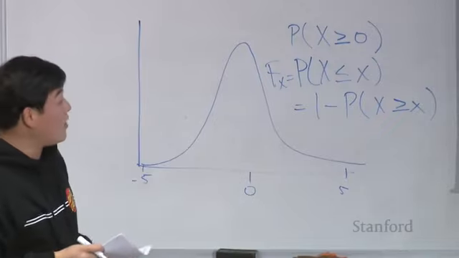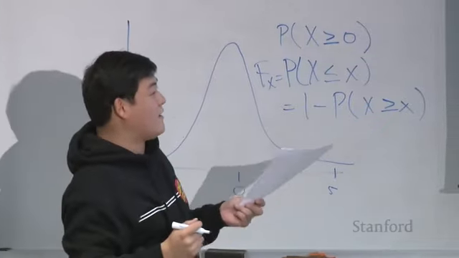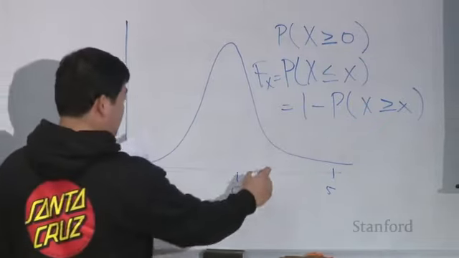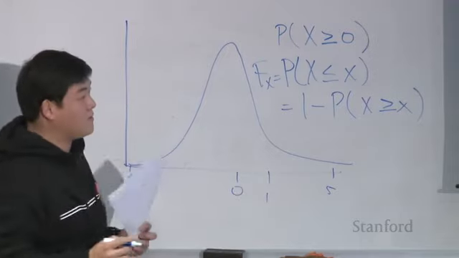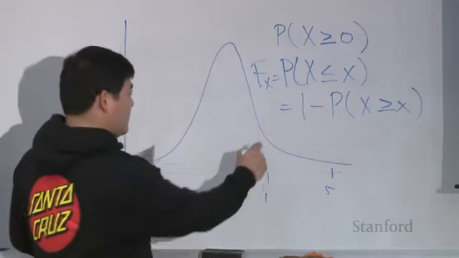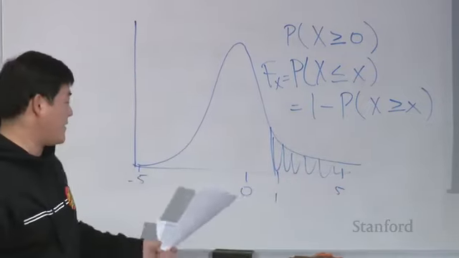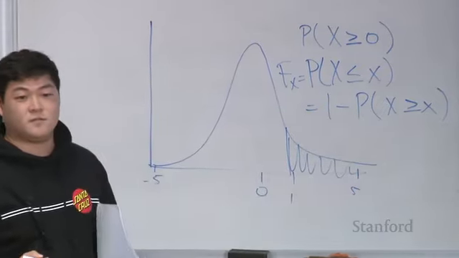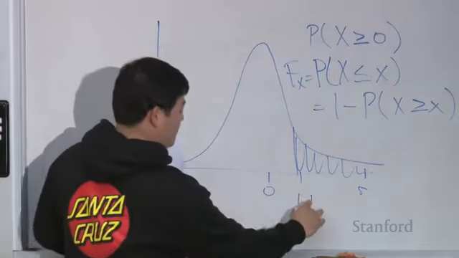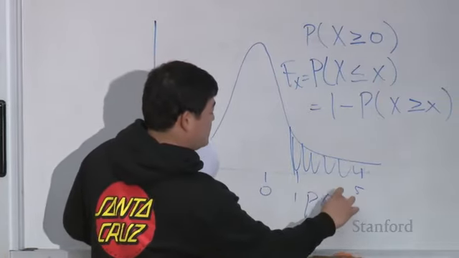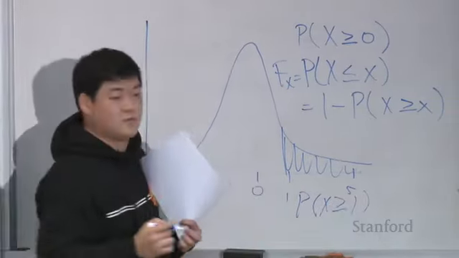So looking at this graph, we can see that if I put x to be 1, what would be the rough area of this right tail? Which in CDF form I could write as this, greater or equal to 1.